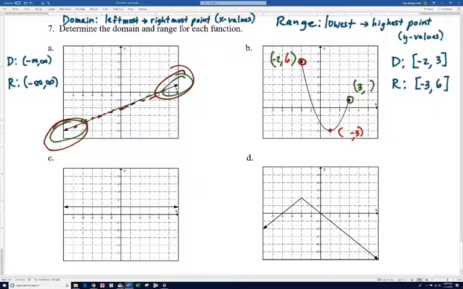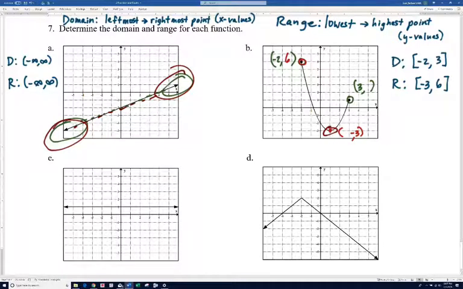And since both of these points are on the graph, we're using a bracket to indicate these values are part of the set. There is a point right here that has a y value of -3. And so that's why we're using a bracket. All right, I would encourage you to try C and D and then watch the video.